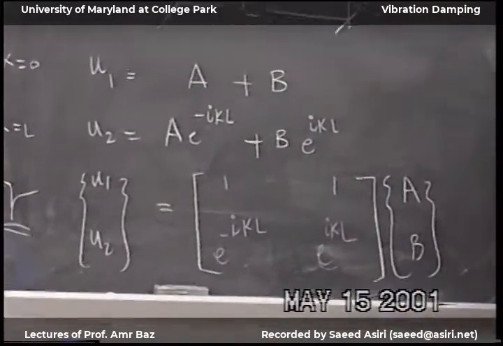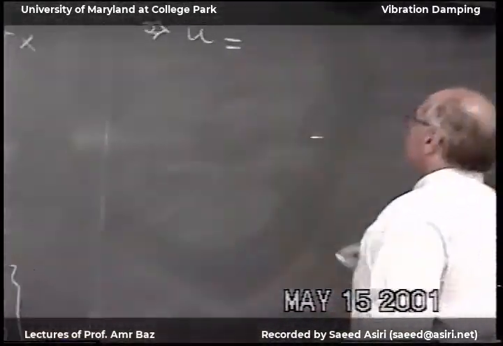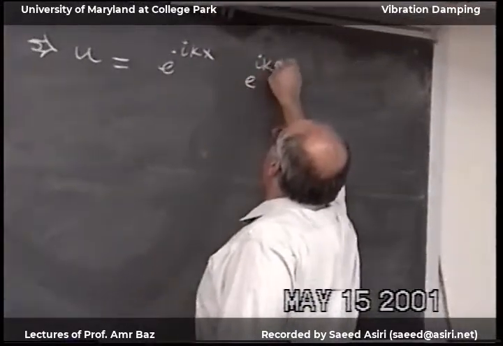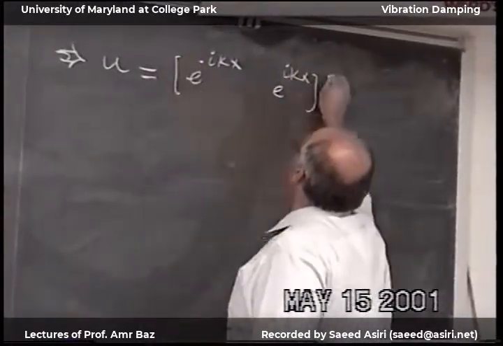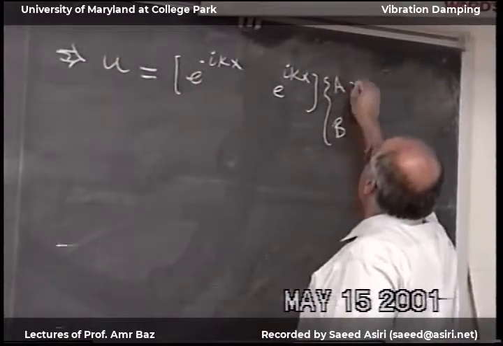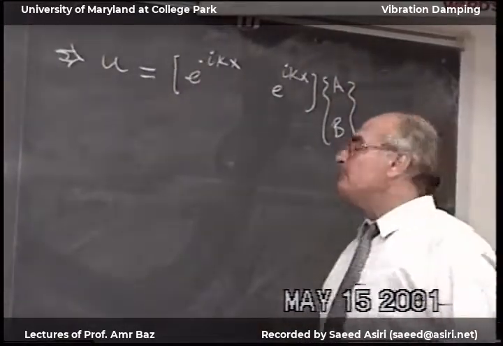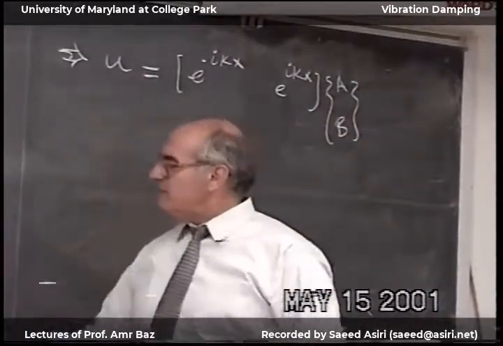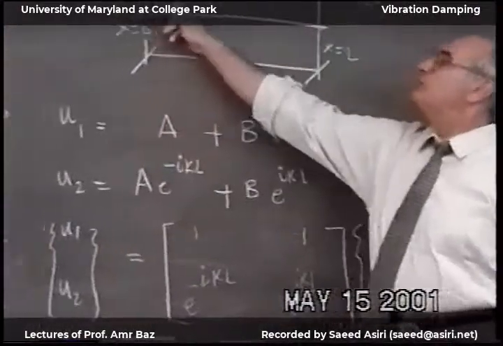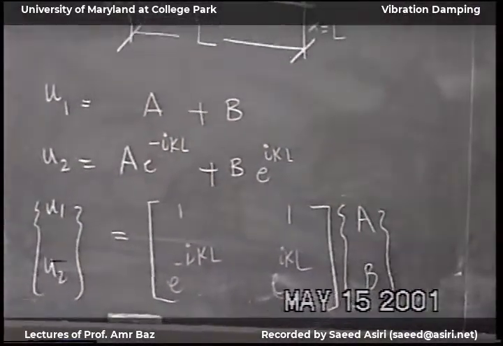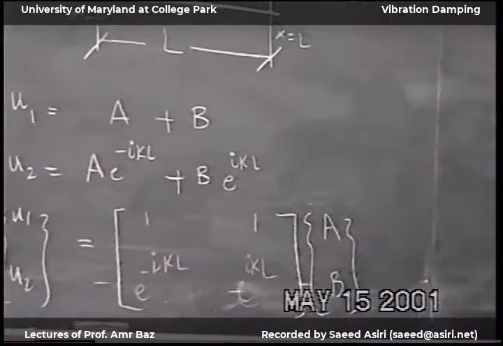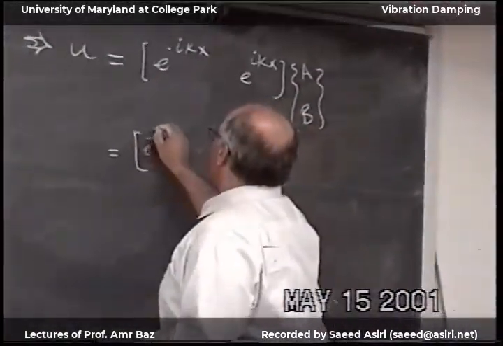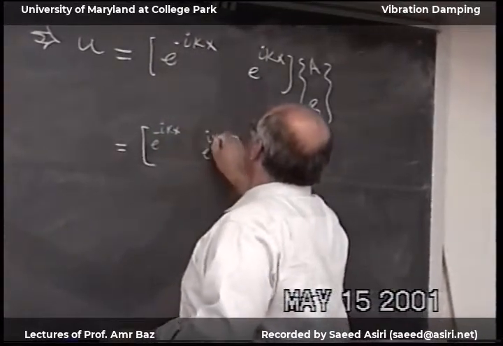write down the u now as e to the minus ikx, e to the ikx times the A and B. And I'm going to get the A and B from the solution of this equation. I'm going to write the A and B in terms of the deflection of the nodal points u1 and u2. Then this will equal to e to the minus ikx, e to the plus ikx.